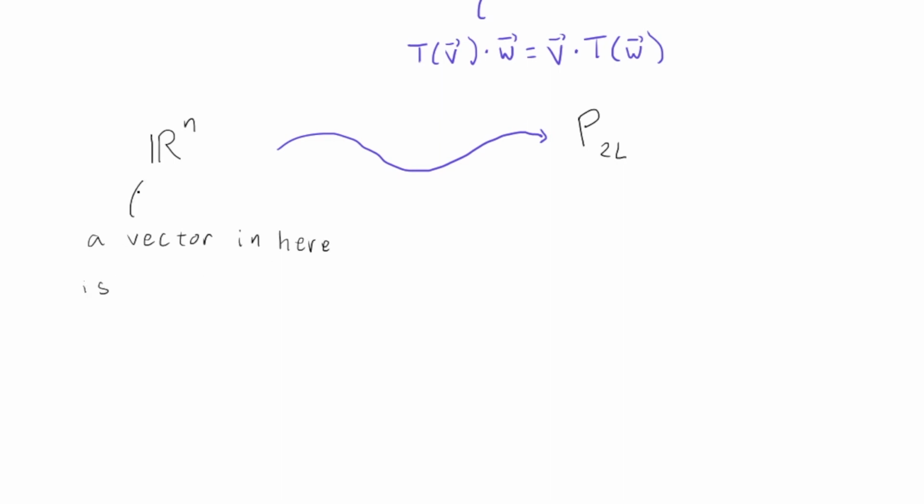A vector in Rn is just an ordered set of n numbers, so v1, v2, up to vn, an n-tuple.